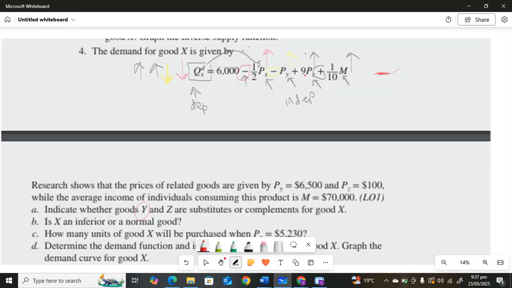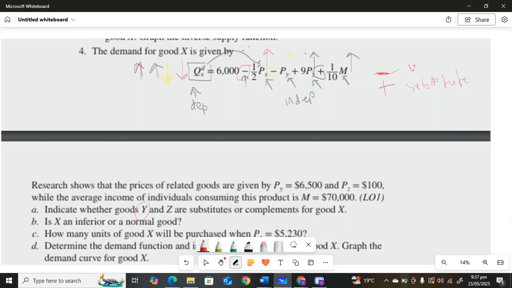Then Z: if the price of Z goes up, people stop buying Z and start buying good X, meaning the quantity demanded of good X goes up. So they substituted good X for good Z because the price has gone up. That's why the quantity demanded has gone up. So a positive sign means substitutes, and good Z is a substitute.